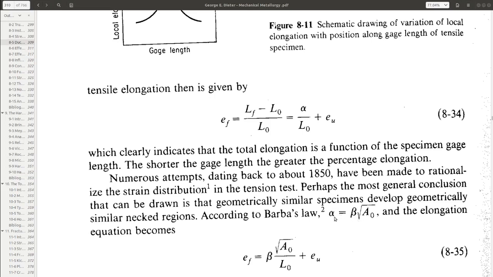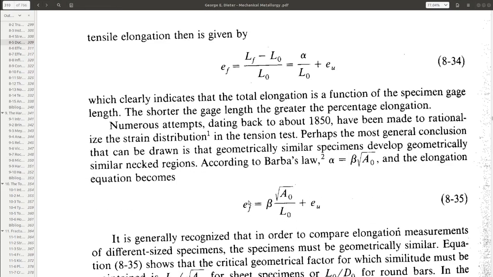Alpha is proportional to the root of the original cross section area, where beta is just a proportionality constant. Now in place of alpha, if I substitute this, I get EF is equal to beta root of A naught by L naught plus EU.